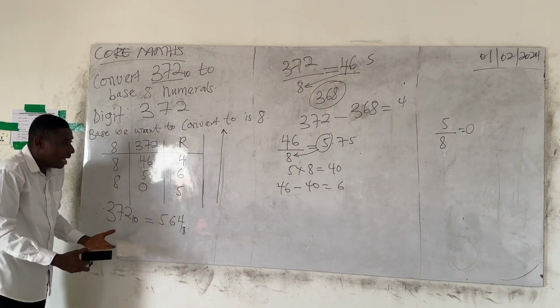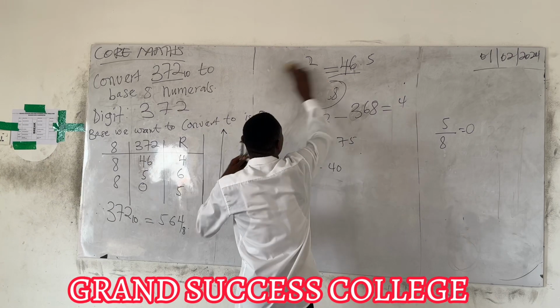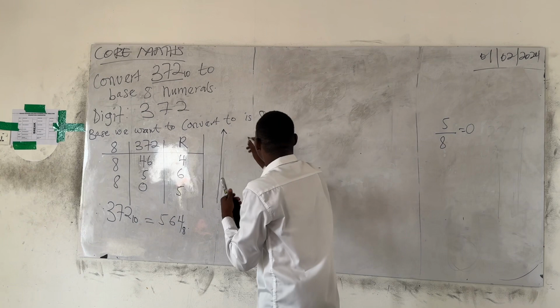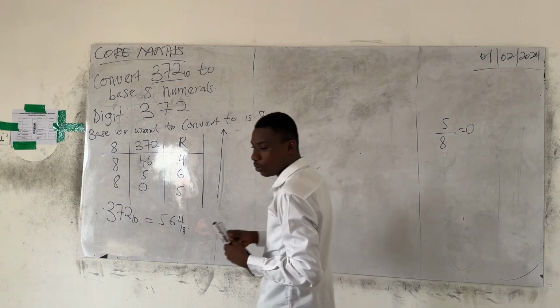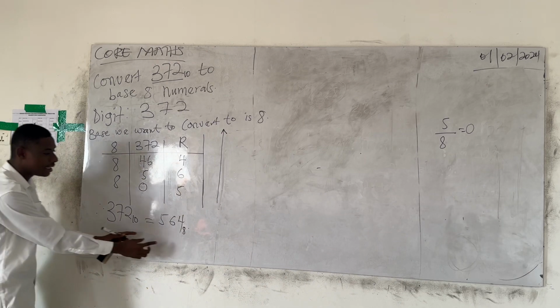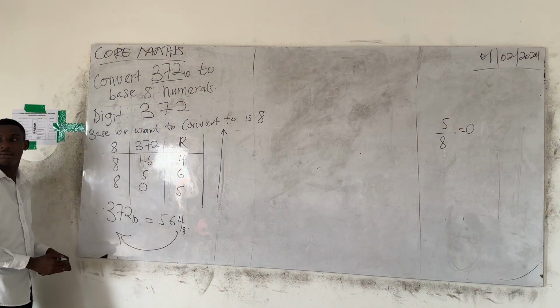So at the end of the day, you can also check if the results that you are getting are correct. If this is in base 10 and this is in base 8, then we can convert from base 8 to base 10.